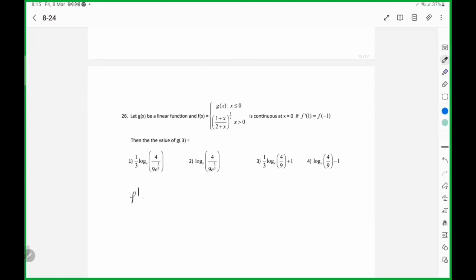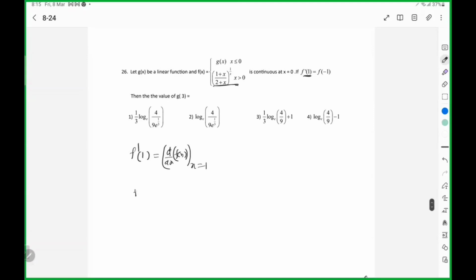Here f dash 1 means limit extends to 1 plus. So right derivative, sorry. F dash 1, so for 1, how is the function defined? It's a derivative of a function at x equal to 1. Here y is f of x, 1 plus x by 2 plus x whole power 1 by x.